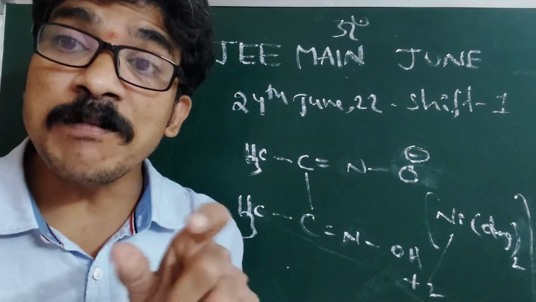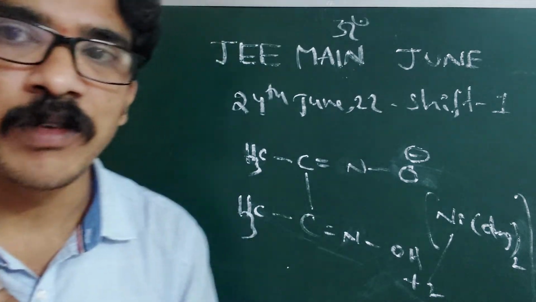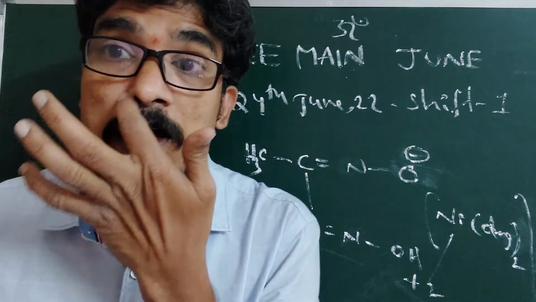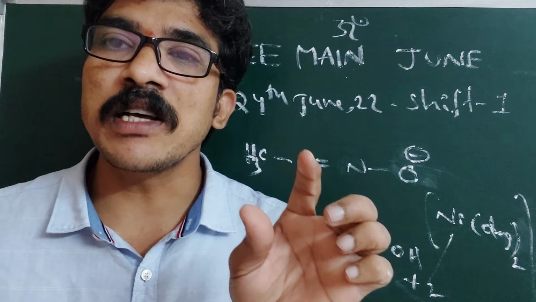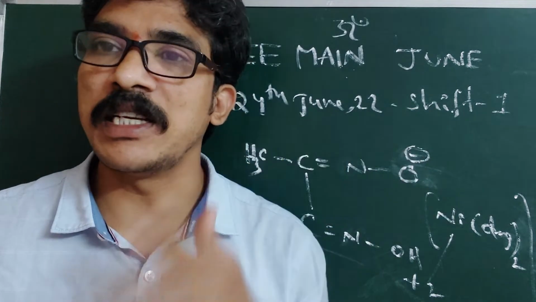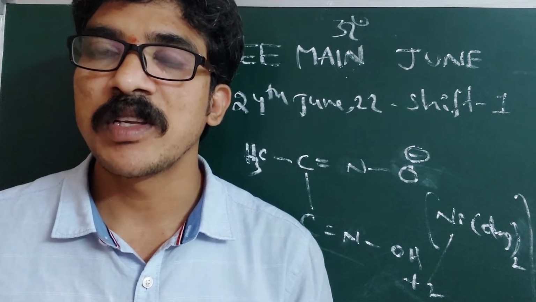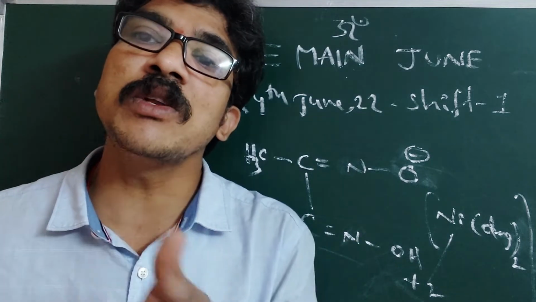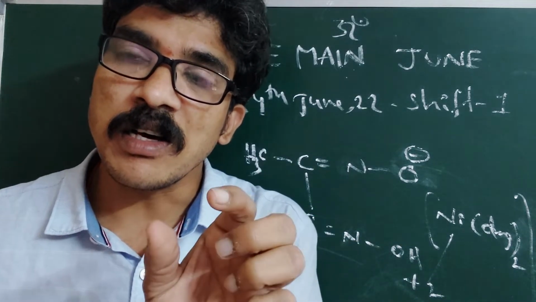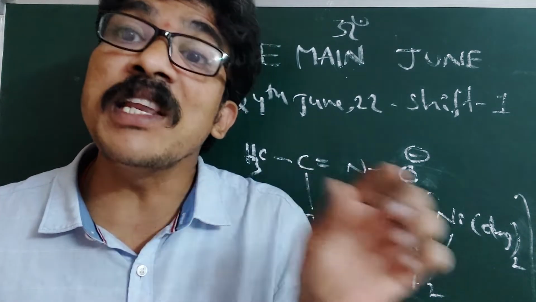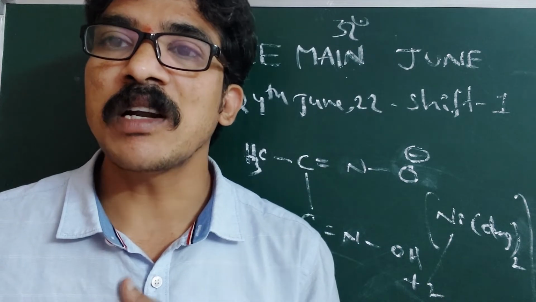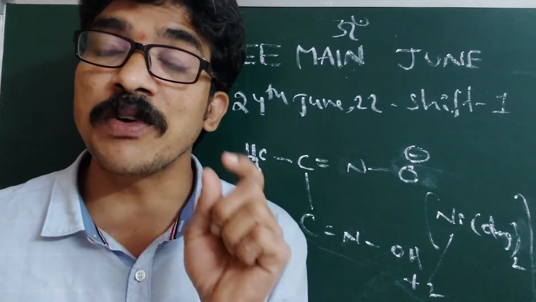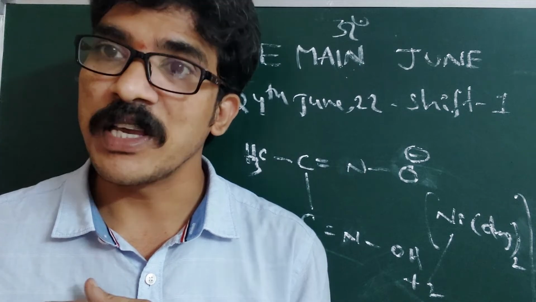And for DMG, we know the nickel configuration is 4s2 3d8 in the ground state. In nickel +2 it means 4s0 3d8. Here electron pairing takes place, therefore one orbital is vacant.